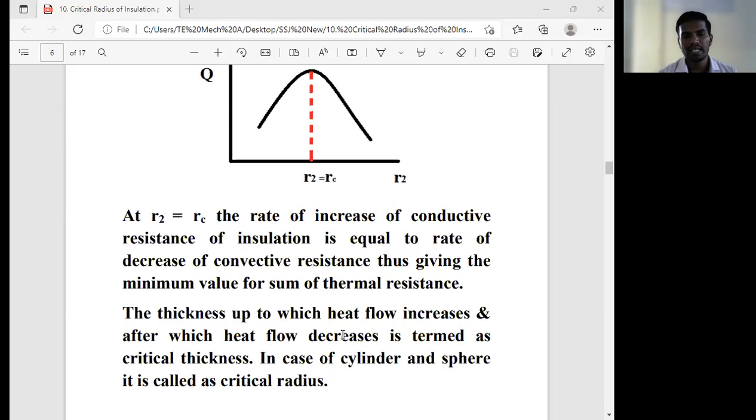Full stop. In case of cylinder and sphere, it is called as critical radius.